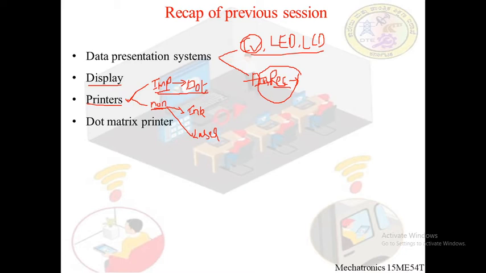Dot matrix printer we discussed in our last class, which employs the pins housed within an assembly called the print head. The pins range from 9 to 24.